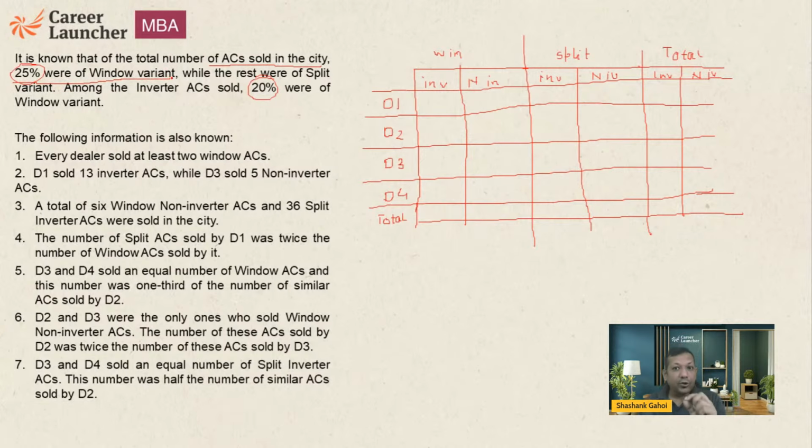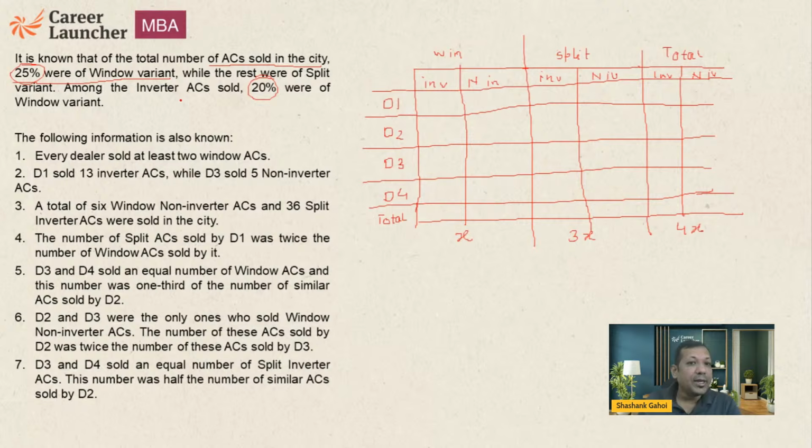So window variant was 1/4. If total is 4x, then window is x. It means from here I can directly conclude that the total number of ACs should be a multiple of 4. And then split is going to be 3x.